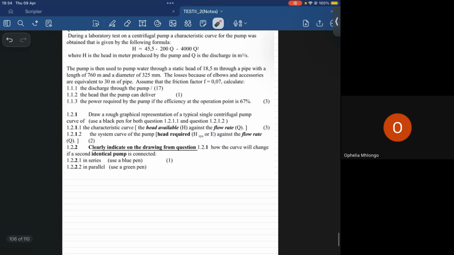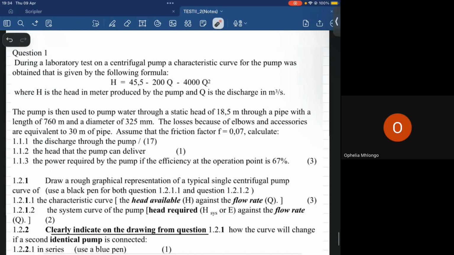In this question one, it's saying during a laboratory test on a centrifugal pump, a characteristic curve for the pump was obtained that is given by the following equation.